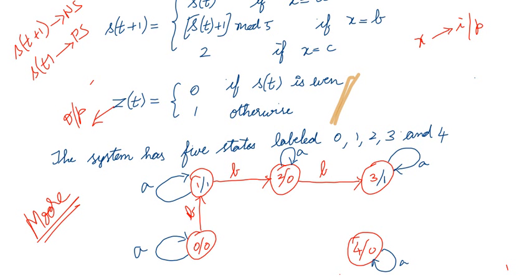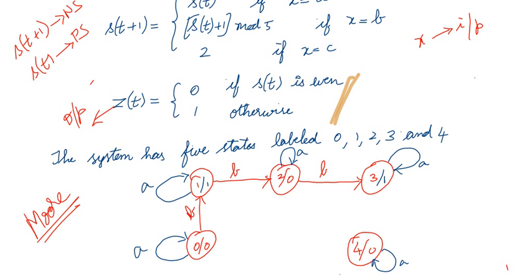Similarly, in what state are we now? We are in the state 3. When the input is B, 3 plus 1 is 4, so 4 mod 5 is 4.